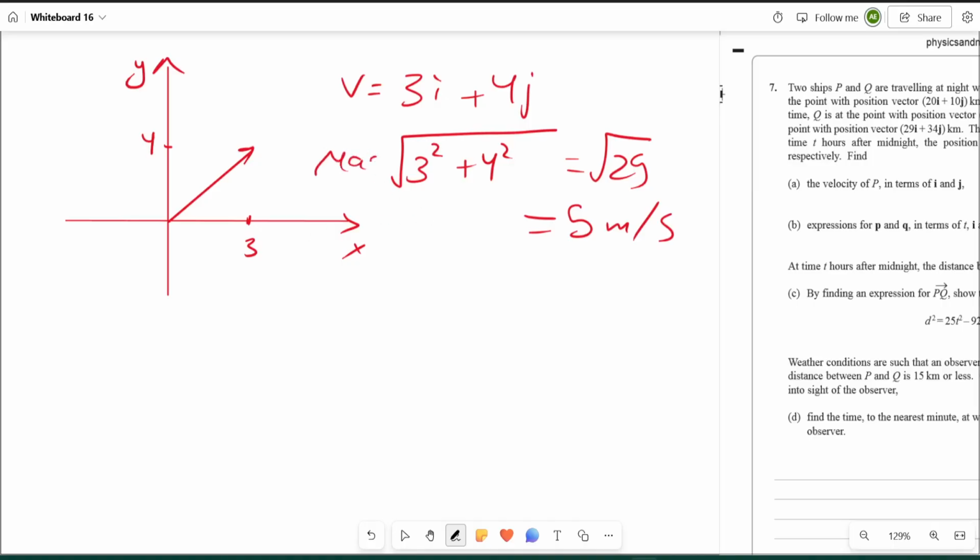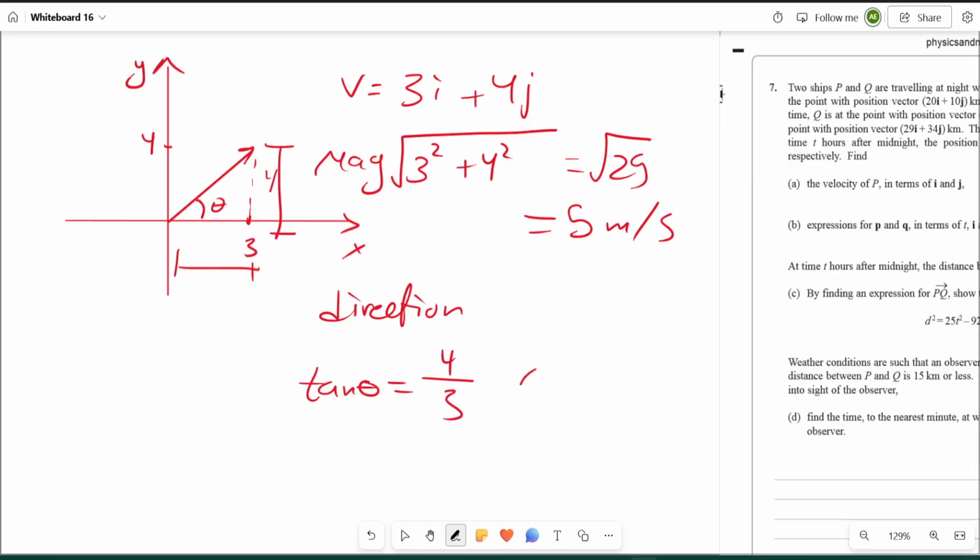This is magnitude. What about direction? To get direction, I can get this angle, which is relative to the positive x-axis. So I'm going to use trigonometry. I know that tan theta equals opposite, which is 4, because this length over here is 4, over adjacent, which is 3. And if I want theta, I will do shift tan of that.